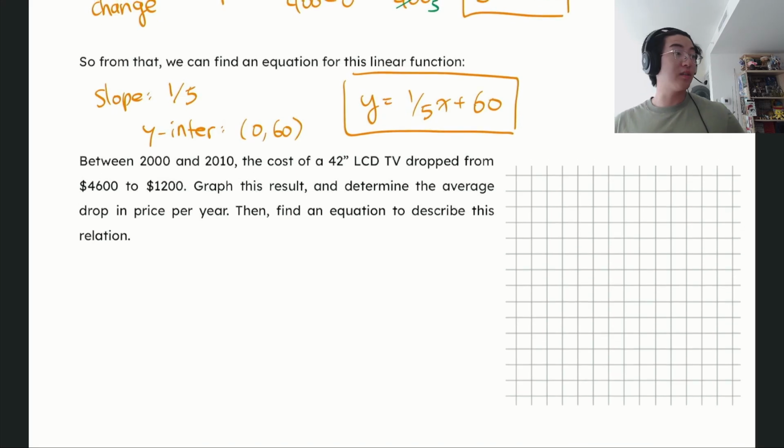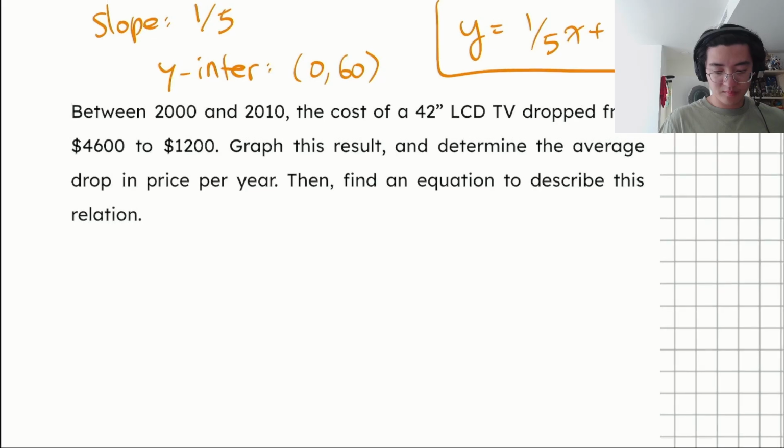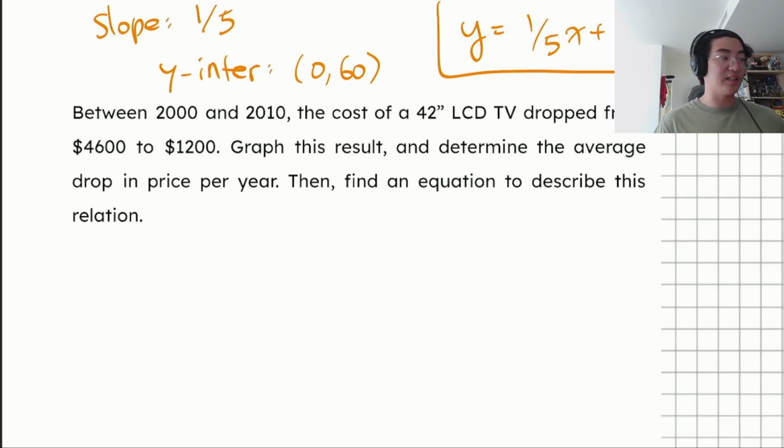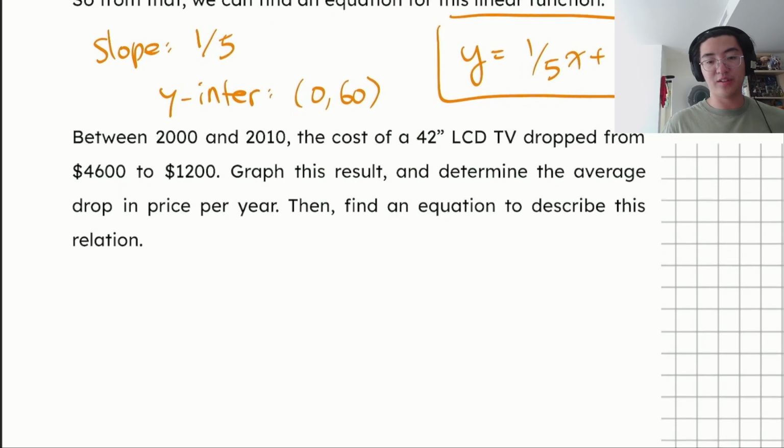Okay, and next, let's go the other way around. So now we're going to be given some information, and then we're going to find a graph. Between the year 2000 and 2010, the cost of a TV went from 4,600 to 1,200.